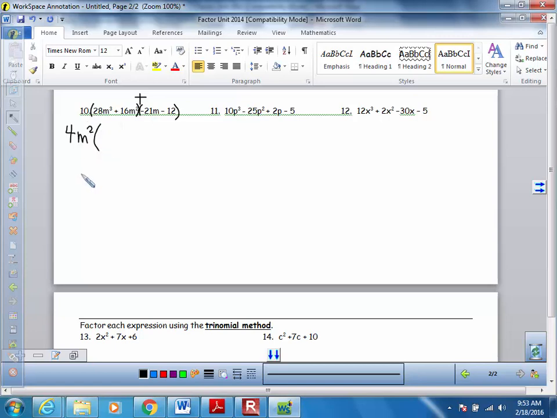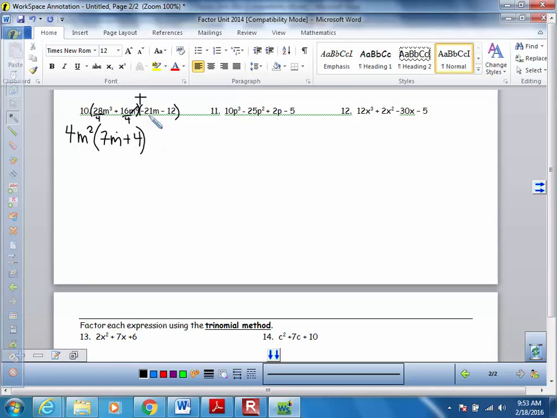So that's going to be my GCF. 28 divided by 4 gives me 7. I took m to the second away from m to the third, so that just leaves me with m. Then it would be plus 16 divided by 4 is 4. I took the m squared out, so that goes away.